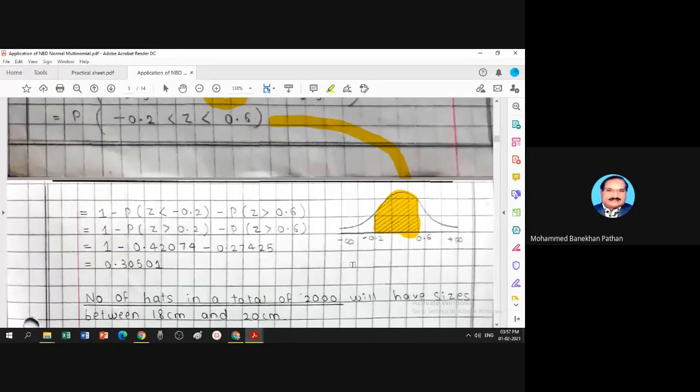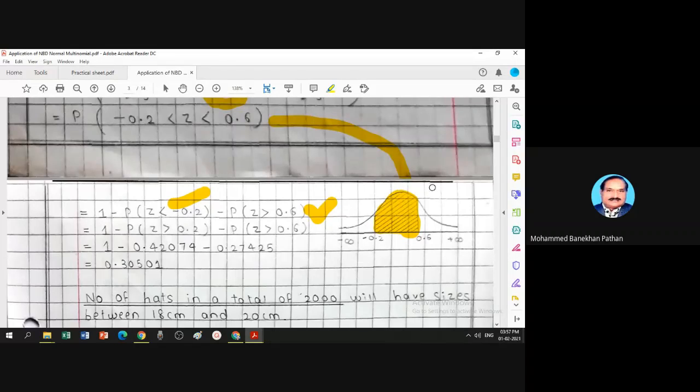Remember, the statistical table gives two types of calculations directly. What are they? Probability of Z greater than 0.6, this is tabulated. And probability of Z less than a negative number, this is tabulated. If it is not, then you have to use the complement theorem to transfer in this direction. I want this probability.